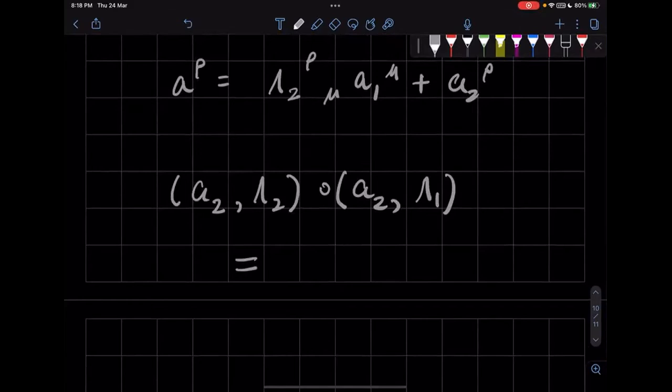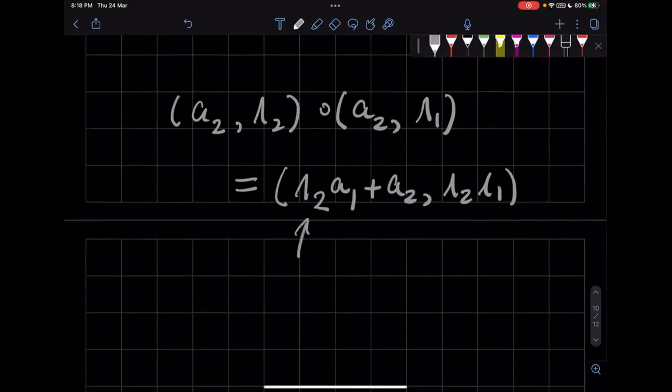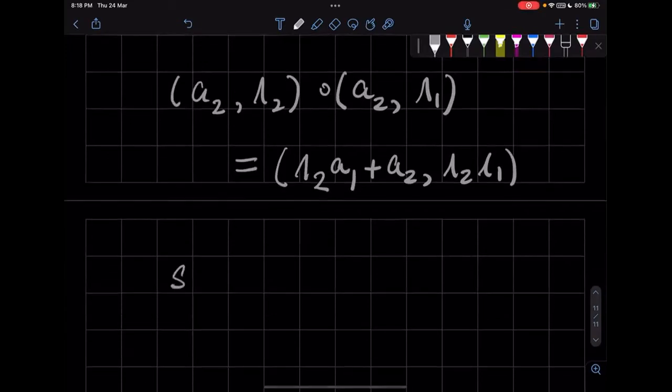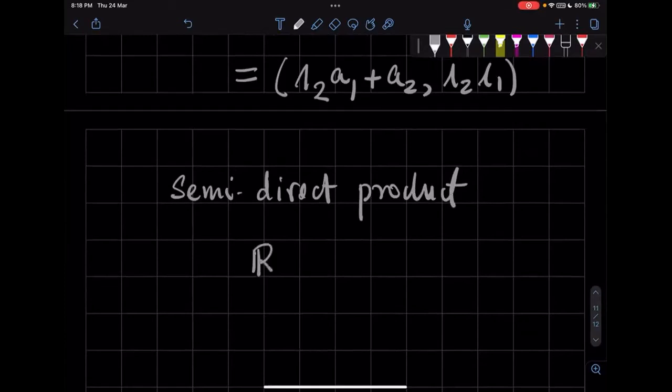It is an almost direct product, but not quite. If this guy weren't there, then it would be a direct product, but it's not. So this is known as a semi-direct product. And it's written as R^{1,3} semi-direct O(1,3).